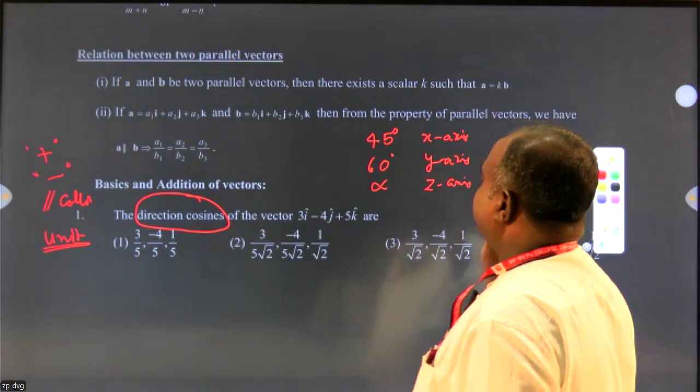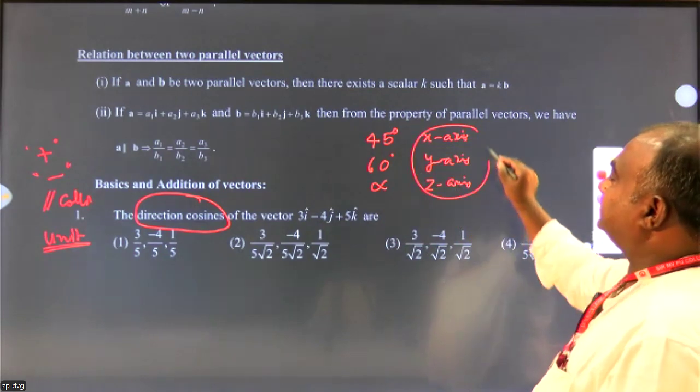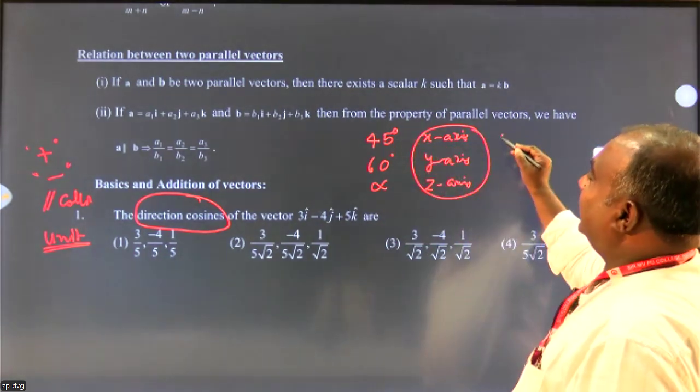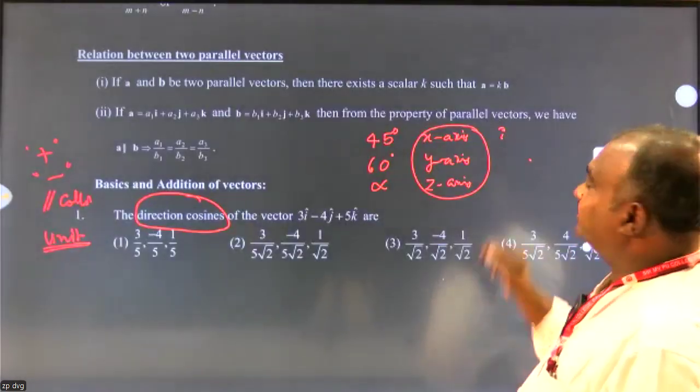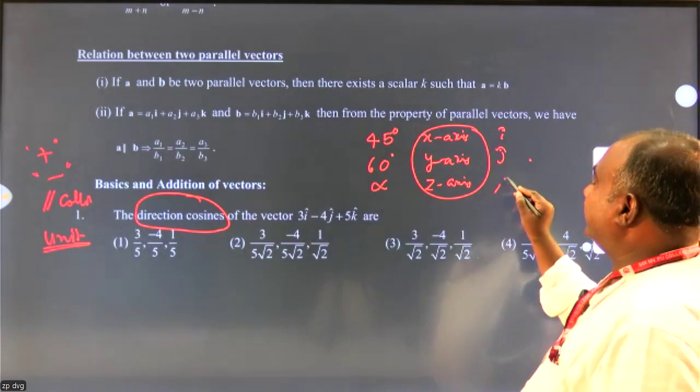But instead of asking with the x-axis, y-axis and z-axis, they may twist it: 45 degrees with i cap and 60 degrees with j cap, then find the angle with k cap.